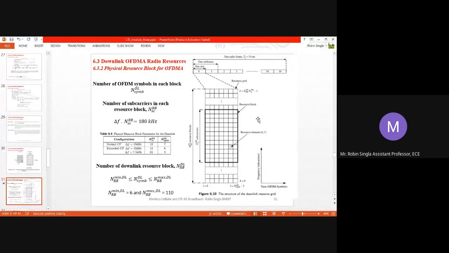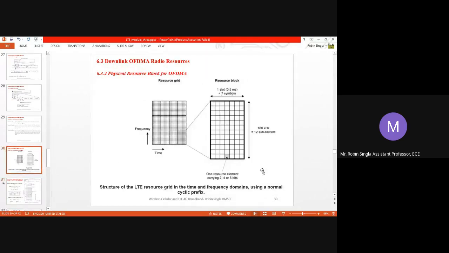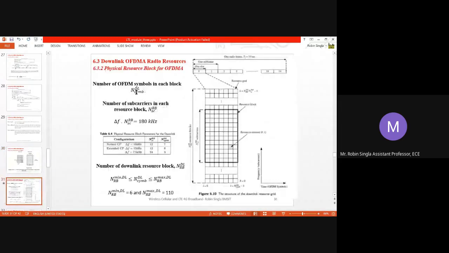To define this resource block, what is its size? Here 7 into 12, where 7 is the number of OFDM symbols. The number of OFDM symbols in each block is represented by N downlink symbol.